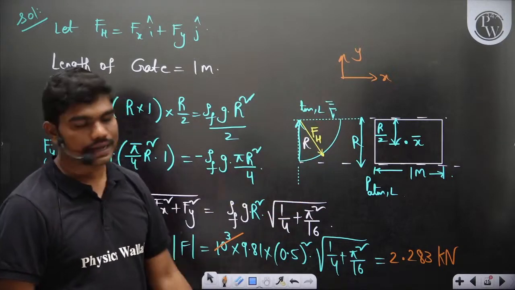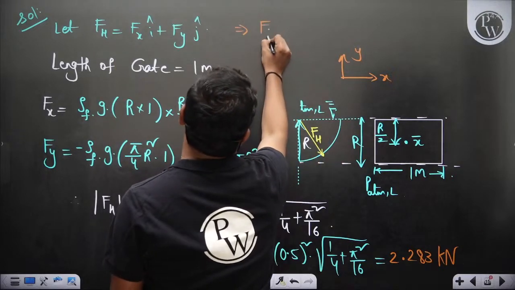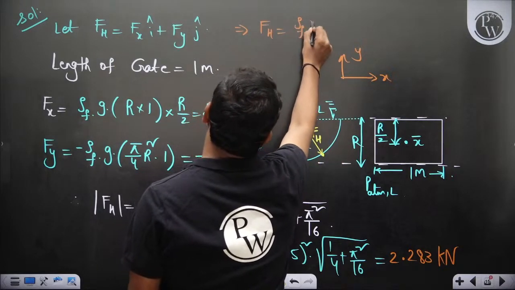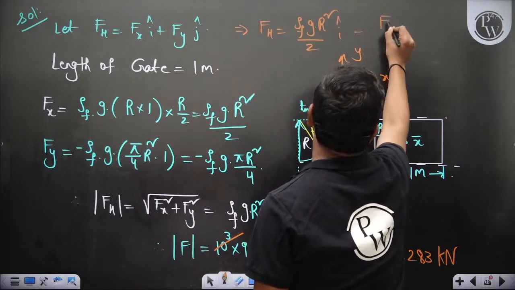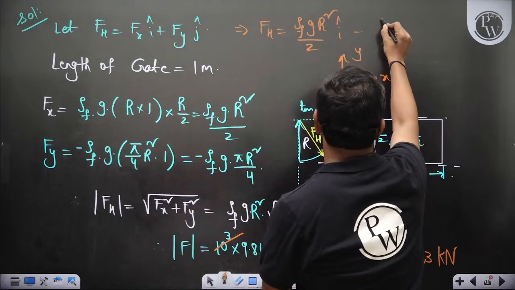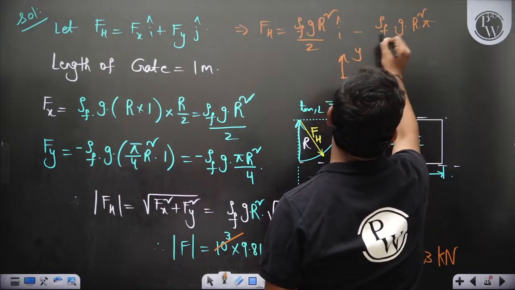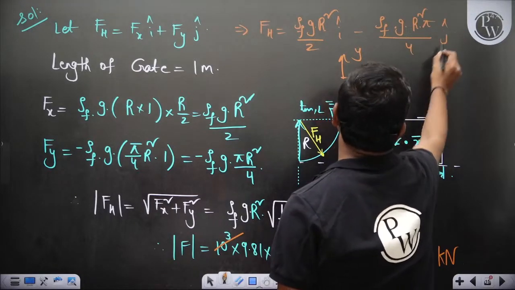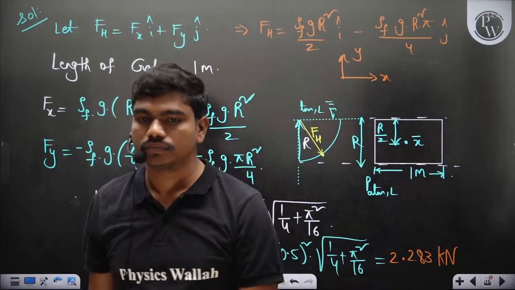So if I want to write this force, for example, rho f g r square by 2 i cap minus rho f g r square into pi by 4 j cap. That's the hydrostatic force. That's the reason. Is this clear to all of you?